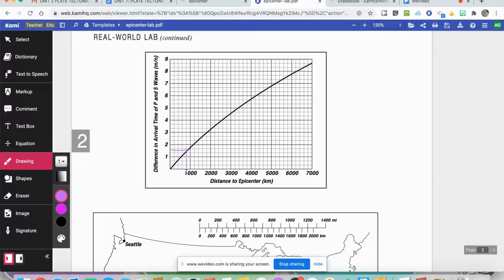The other thing that you have to do is convert the distance into centimeters. That's going to come into play when you have to draw your circles.